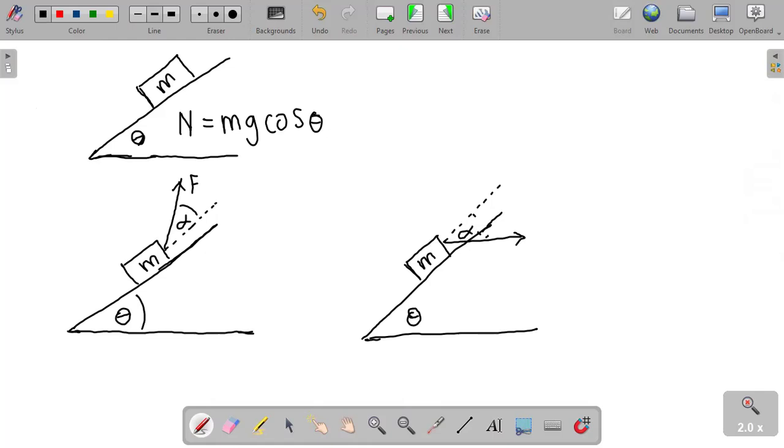So now you have alpha below the line, not above the line. And then you still have the force F.